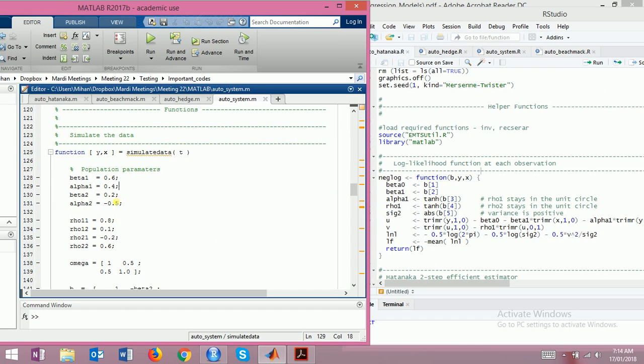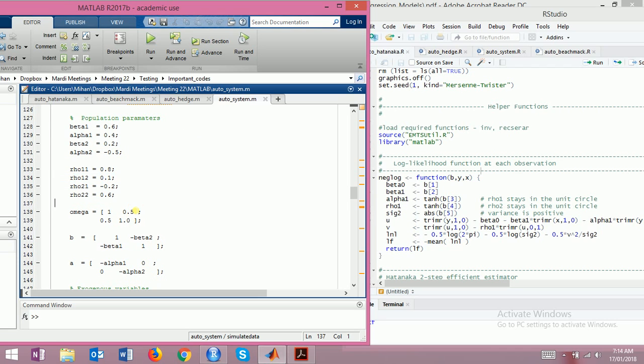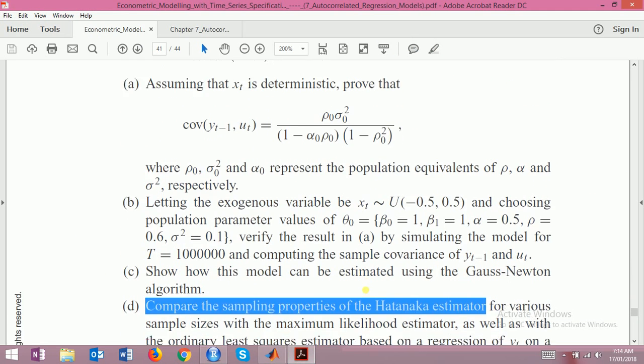Given 0.6, 0.4, beta 2, 0.2, alpha minus 0.5, these are given. Rows are also given. So with these our omega is also given to us.